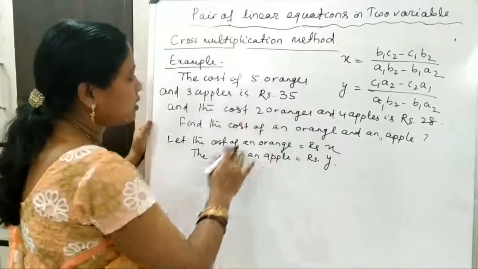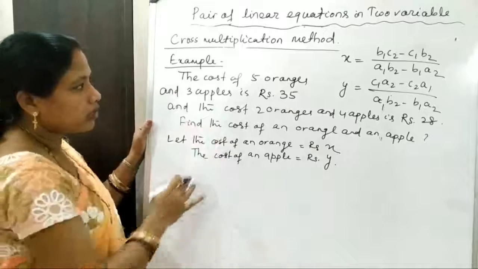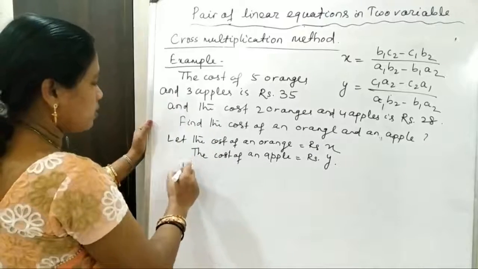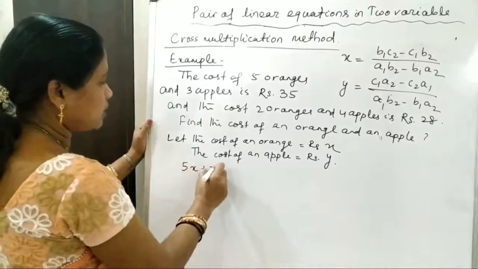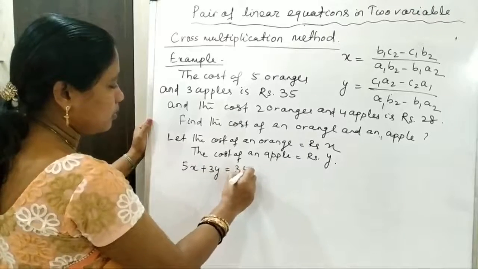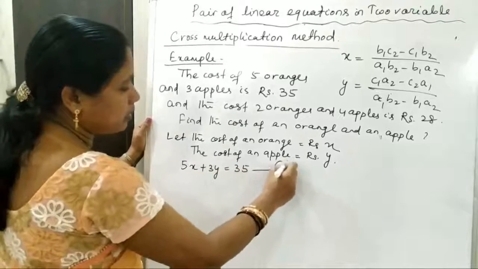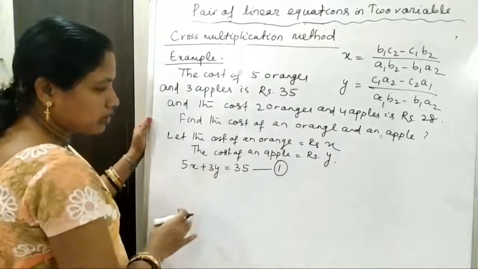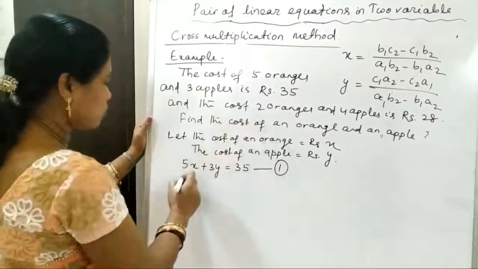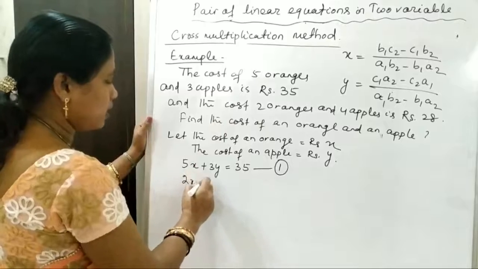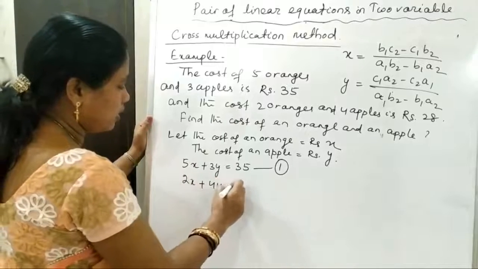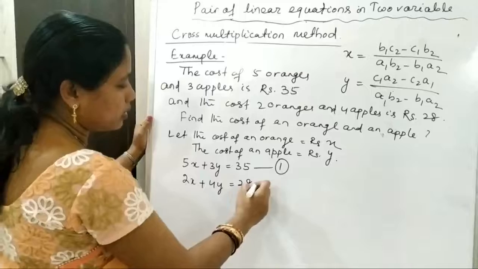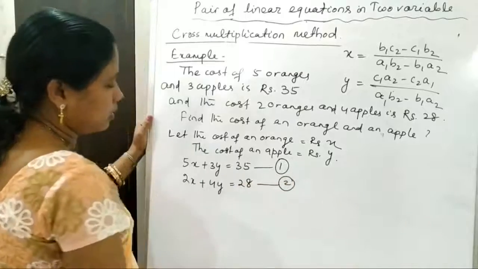From the first sentence we get a linear equation in two variables, that is 5x plus 3y is equal to 35. This is our equation 1. From the second sentence we get another linear equation in two variables, the cost of 2 oranges, that means 2x plus 4y is equal to 28. This is our second equation.